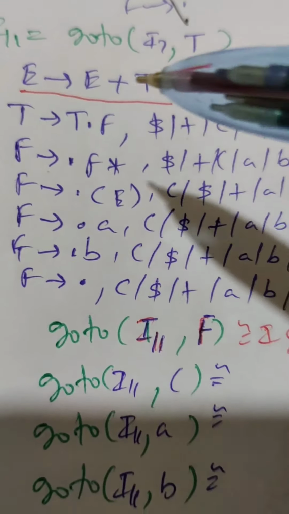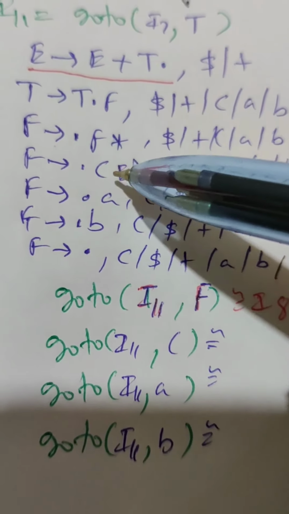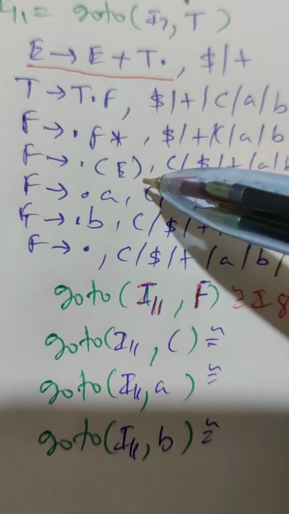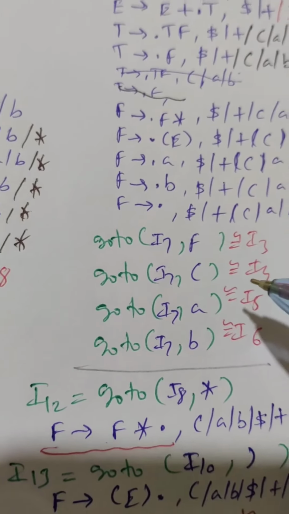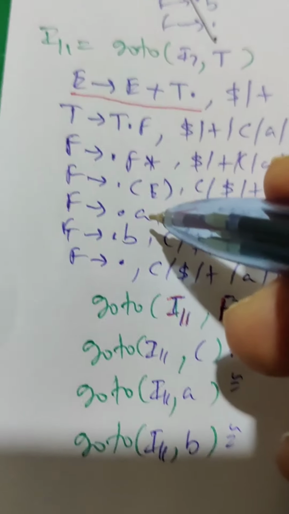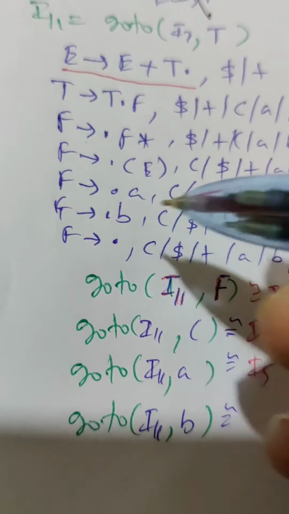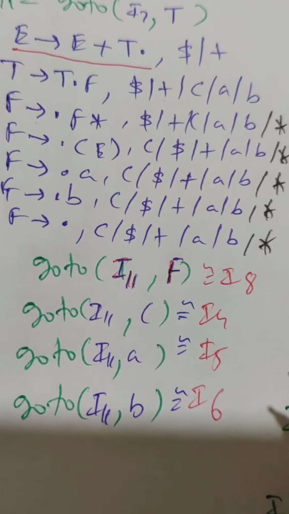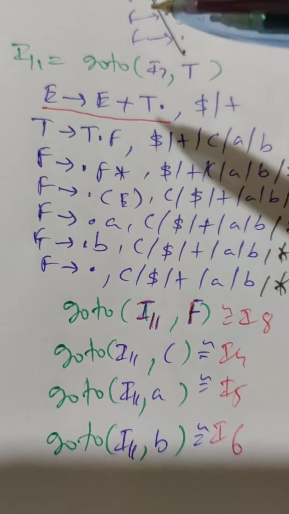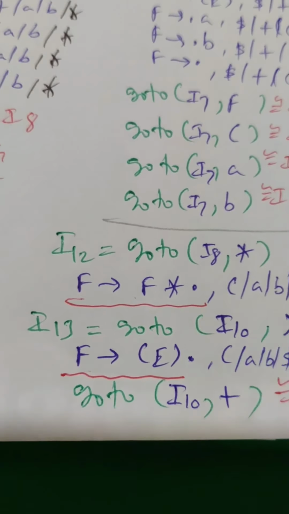Similarly here we have I11 comma opening bracket, F goes to opening bracket dot E closing bracket. We know it's the same as item number 4. I11 comma A is the same as I5, and I11 comma B is the same as item number 6. So we are done with I11. Item number 12 is already finished. Item 13 is done. So we have got a total of 13 items.